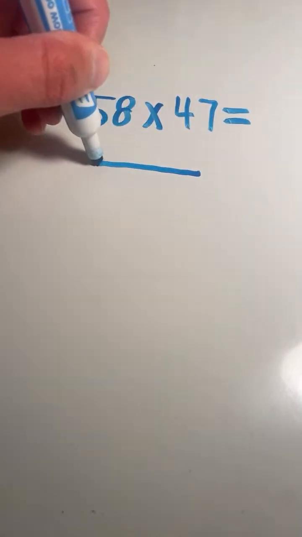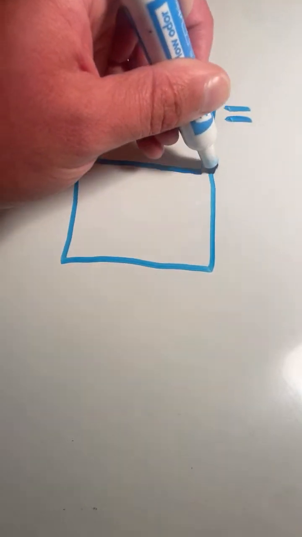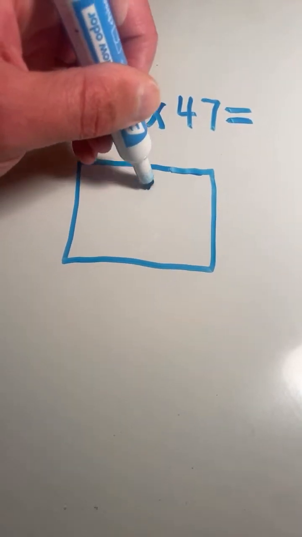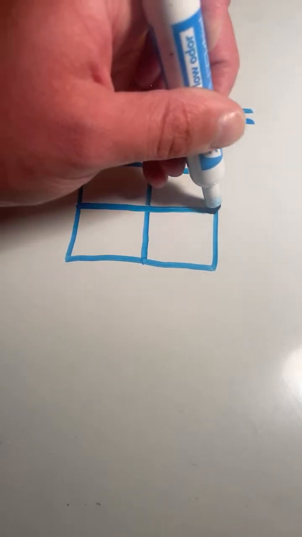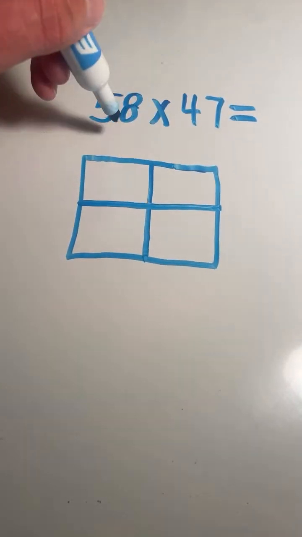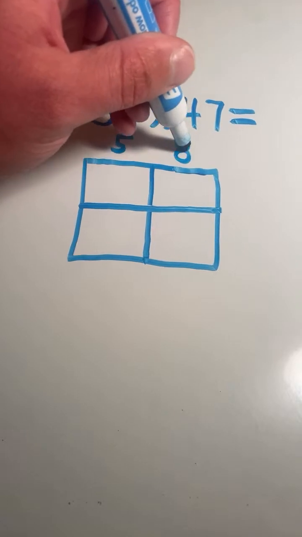So I'm going to draw my Lattice method model. Each digit in the problem gets its own box. So for the two top boxes, we have 5 and 8 for the number 58.